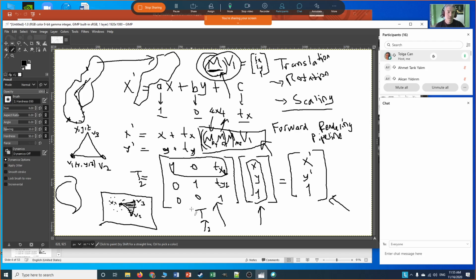So this is the forward rendering pipeline in a nutshell, this first part. That's why making the modeling transformations in matrix form is so important, because we're unifying an entire algorithm. Its different parts are unified as 4x4 matrix multiplications. I think it's a really nice algorithm.